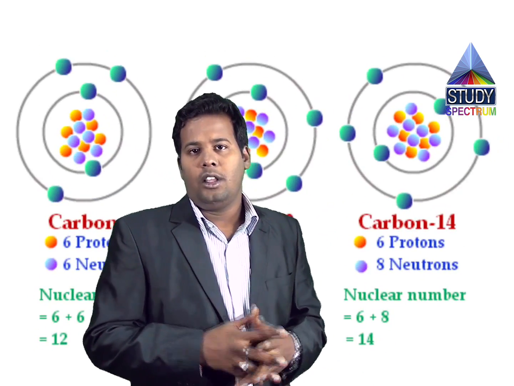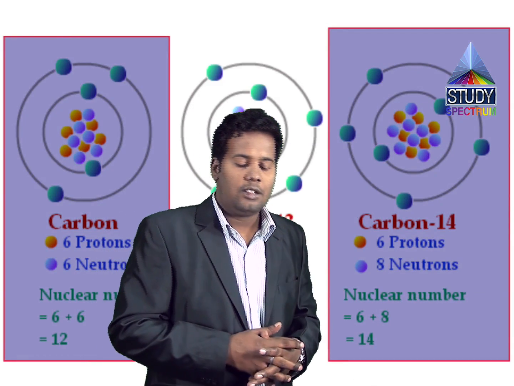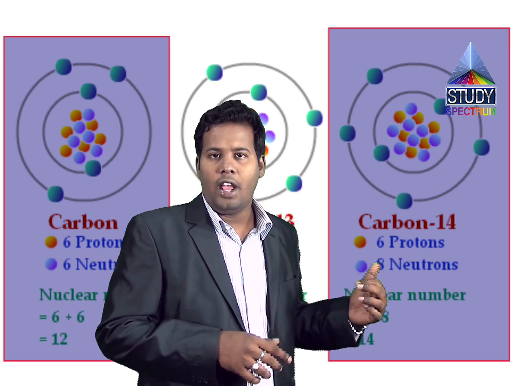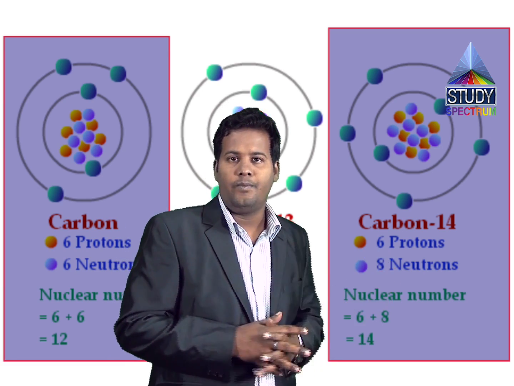Now second, he was not able to classify isotopes of different elements. For example, if you talk about carbon, there are two different isotopes of carbon, that is 6C12 and 6C14.